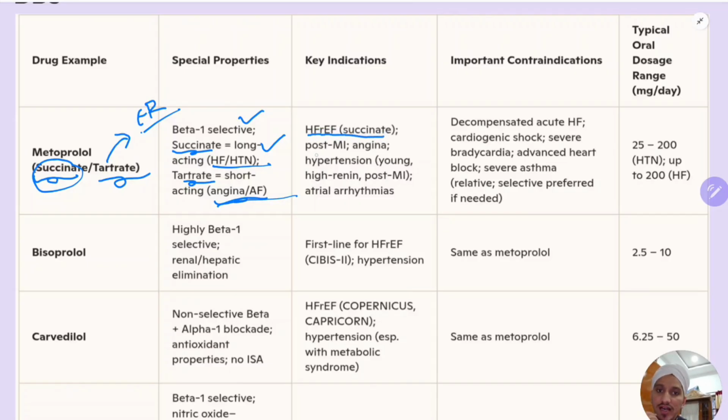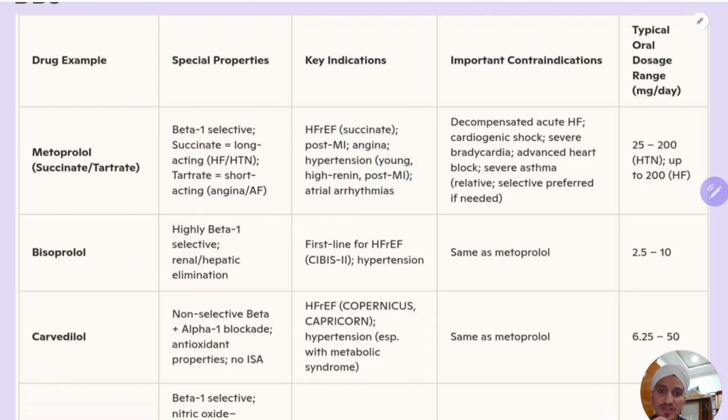The same for post MI patients, angina patients, hypertension in the young, high renin hypertension, and atrial arrhythmias. These are the indications: heart failure with reduced ejection fraction, hypertension, angina, post MI, arrhythmias.